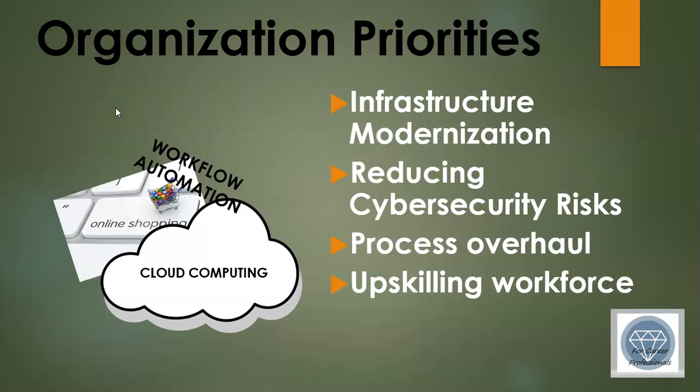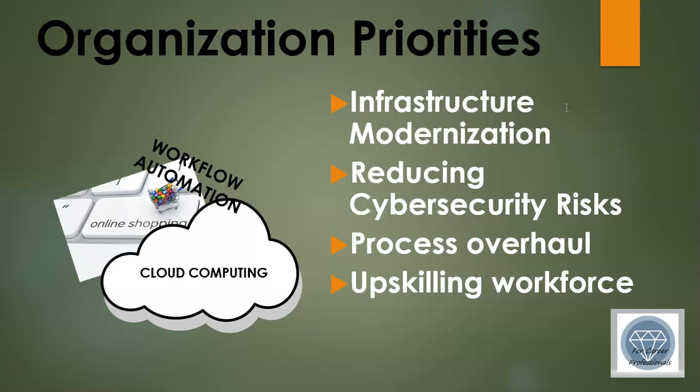Alright, so one of the things we have to look at is to determine what your priorities are for your particular organization. It could be around modernizing the existing infrastructure. You might have an off-premise set of infrastructure and you might want to modernize it and leverage cloud computing, or your priorities might be to reduce cybersecurity risks and you may be looking at certain cybersecurity platforms.